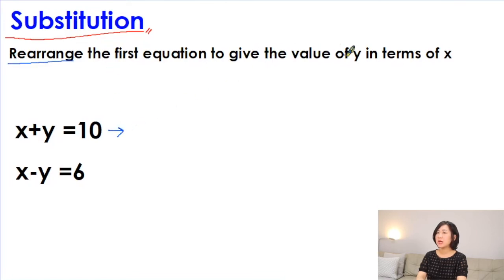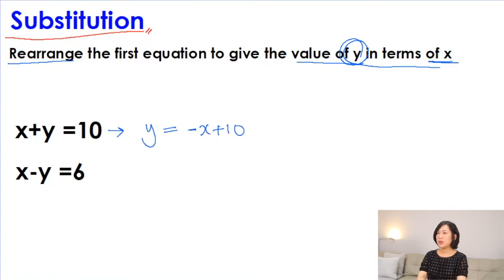The reason we rearrange this is we want to make the equation into y equals something. So let's rearrange it. y equals, we move the x, so y equals minus x plus 10.